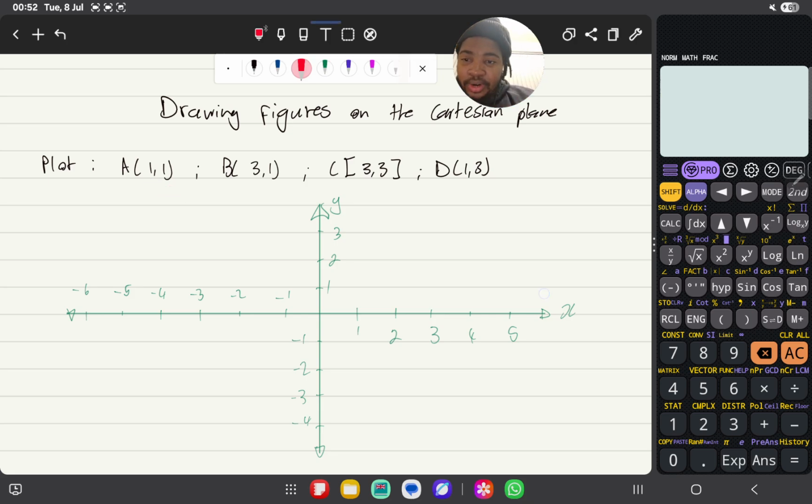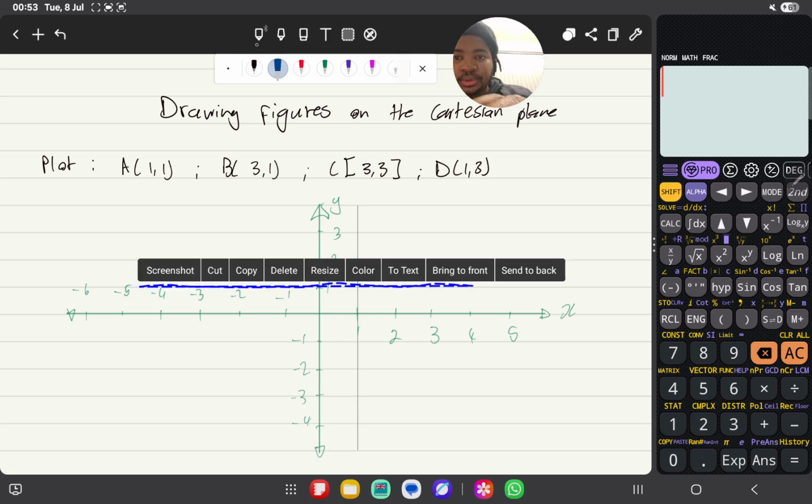So for A, the x value is 1. This is where 1 is for the x values. We are here, and the y value is 1 as well.